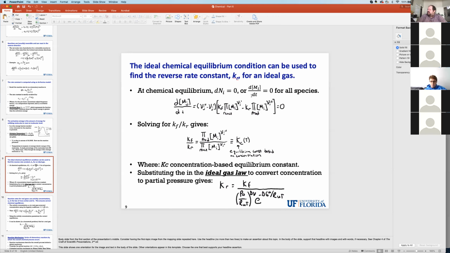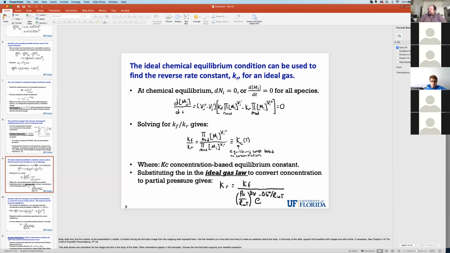That means that the time rate change of concentration is also equal to 0 for all species. So recall that our expression for the time rate change of concentration is here, and it's going to be equal to 0. So this term here does not matter, and you basically have this term in the square brackets being equal to 0. And you can solve for Kf over Kr, and you get this expression here.